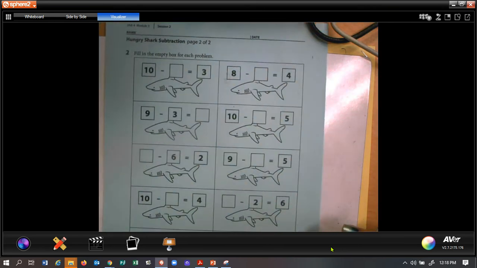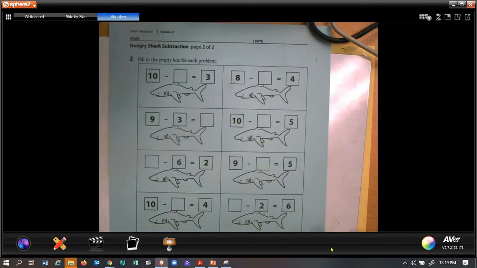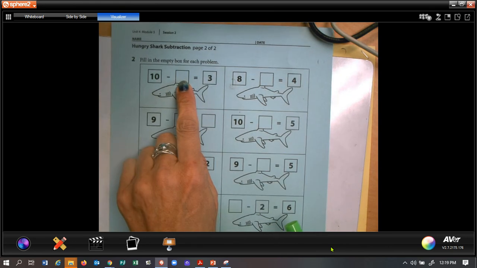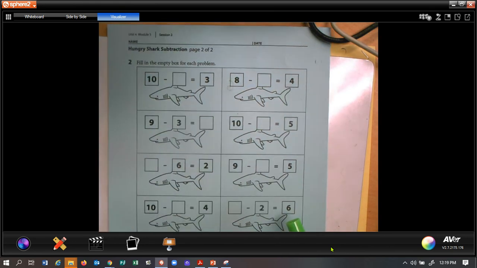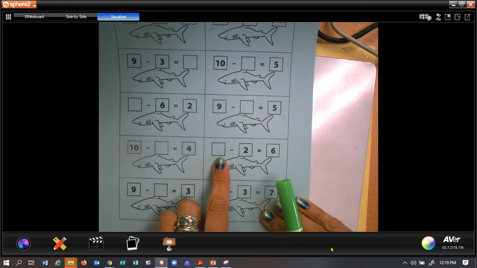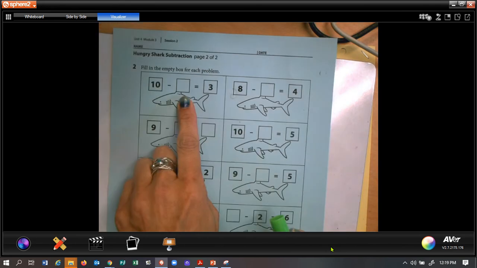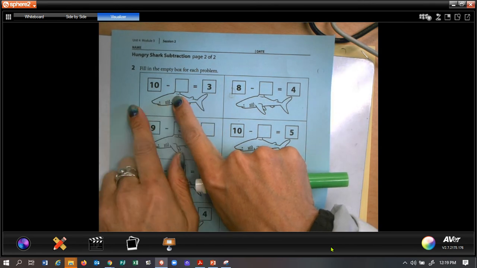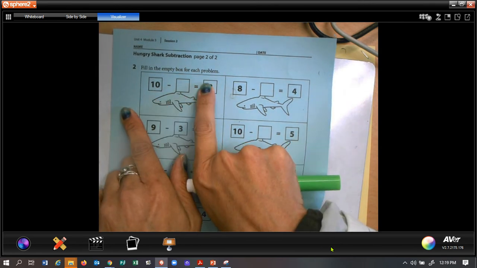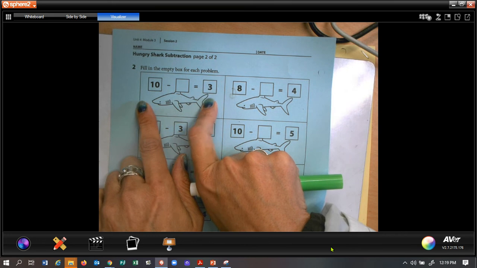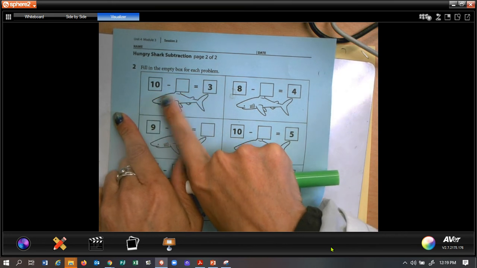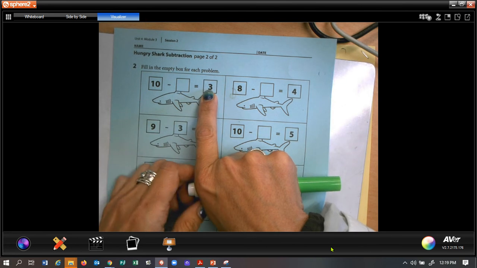But when you turn over this Hungry Shark subtraction, some of these are missing a part, like this one, and some of these are missing the whole number, like this one. Remember, when you're missing a part, you can count up to see how many more you need to make that whole. So for example, if I have 3, how many more do I need to make 10? Let's count from 3 and see.